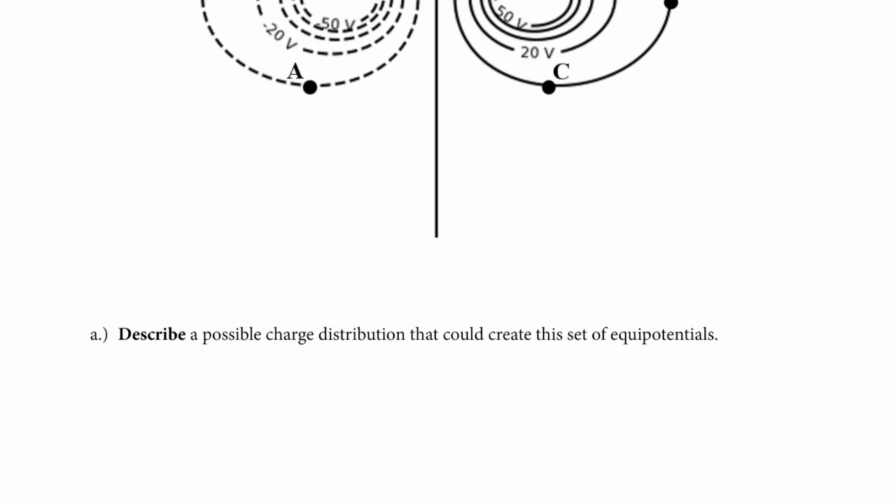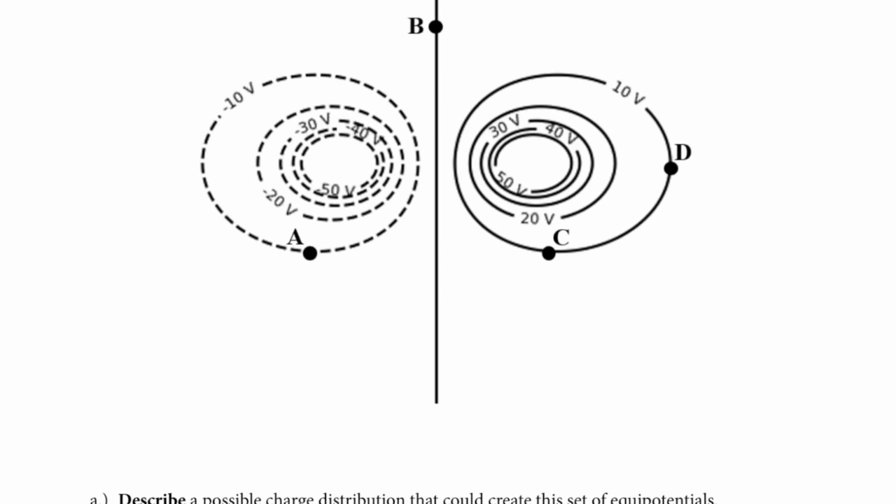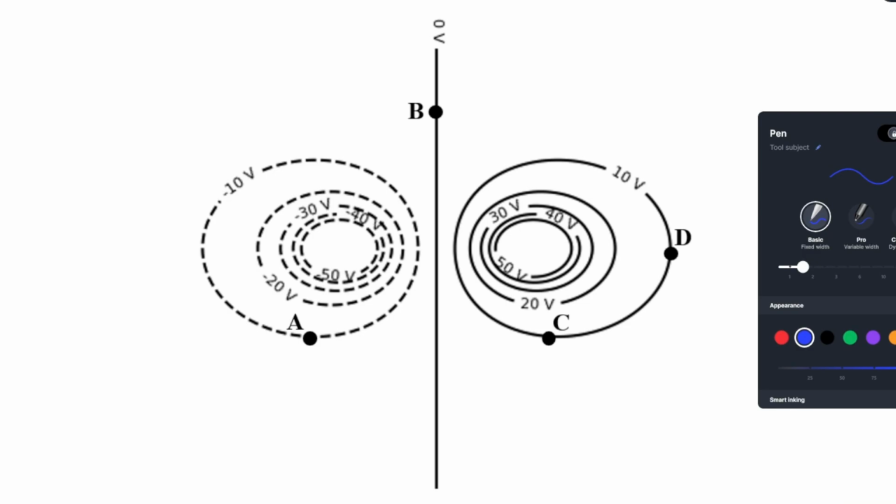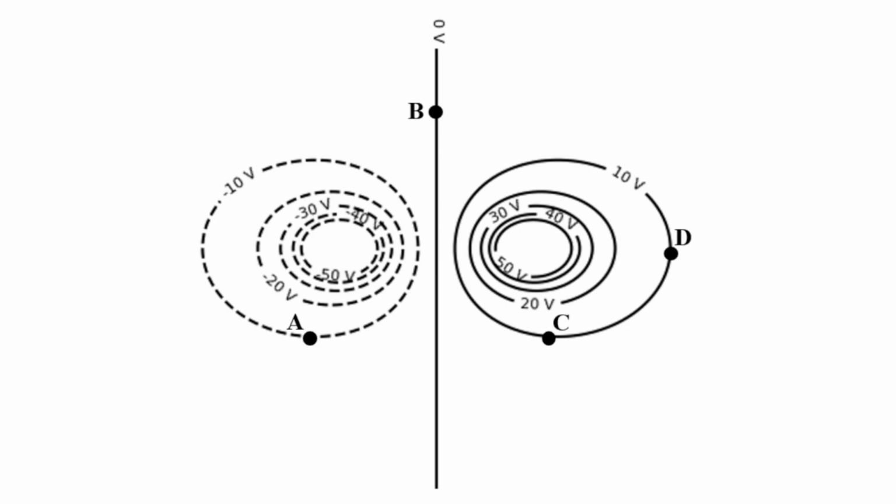So what is a possible charge distribution that could create this set of equipotentials? Well, assuming we set V to be 0 at infinity, this means that any positive heights have to be generated by positive charges. So there's likely a positive charge right here. And any negative heights are going to be generated by a negative charge.